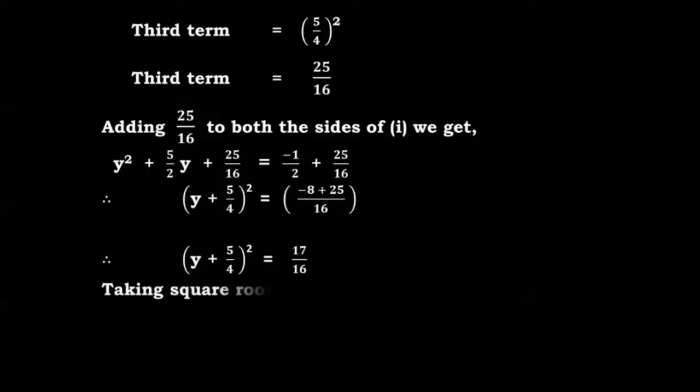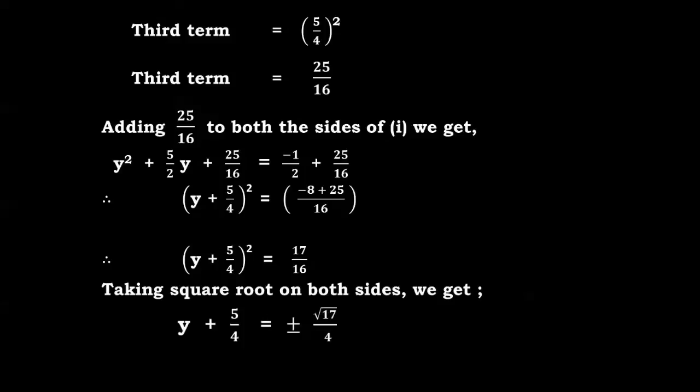Taking square root of both the sides, we get y plus 5 upon 4 is equal to plus minus root 17 upon 4. So plus 5 upon 4 will become minus 5 upon 4 plus minus root 17 upon 4. So we can write the denominator same, therefore y is equal to minus 5 plus minus root 17 upon 4.